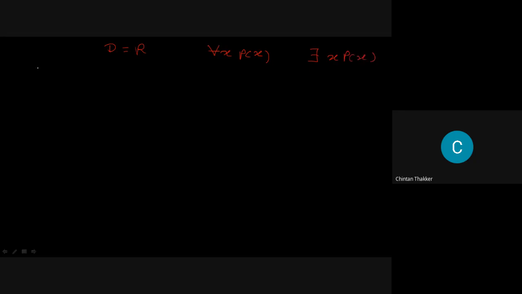The first is done. Now the second, p of x: x raised to 4 less than x square. X raised to 4 less than x square. Write the answer in the chat box. What do we have as the value here?